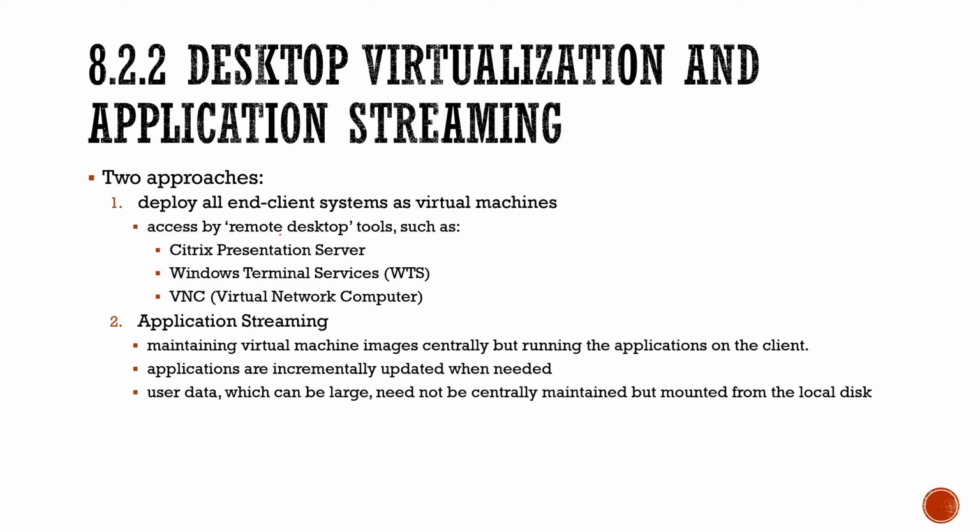There are two approaches to desktop virtualization. First, you can deploy all clients as virtual machines. And a lot of companies are now doing this. I work for a company and I log on to Amazon Web Services and spend all my working hours using a virtual machine, using the web through that virtual machine, and my host operating system is not involved.